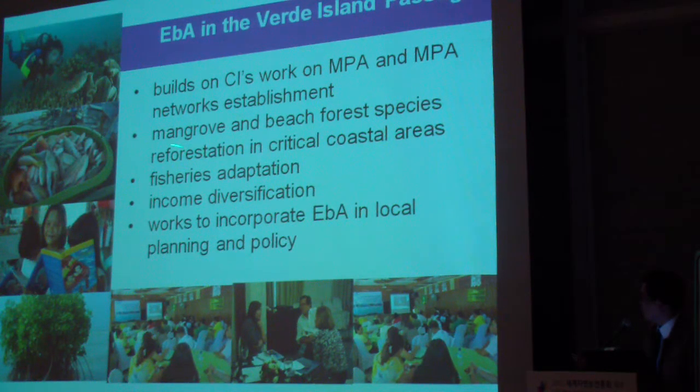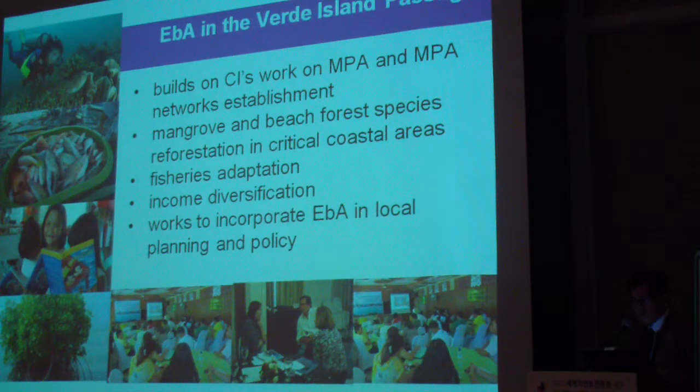There's ongoing research to determine the extent of the vulnerabilities of the fisheries in the Verde Island Passage and determine what type of adaptation strategies can be applied. We're already moving towards income diversification and livelihood. We're talking with the communities who are impacted by climate change and trying to come up with livelihood strategies that will protect communities.